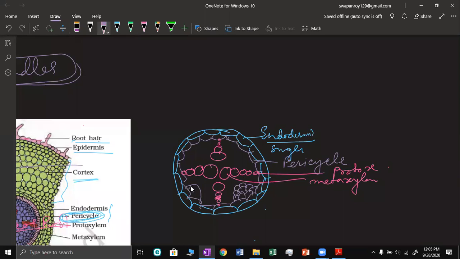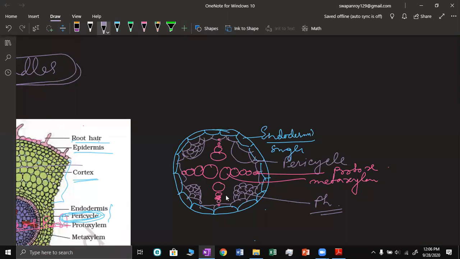Here also it will be like this. So this is phloem.